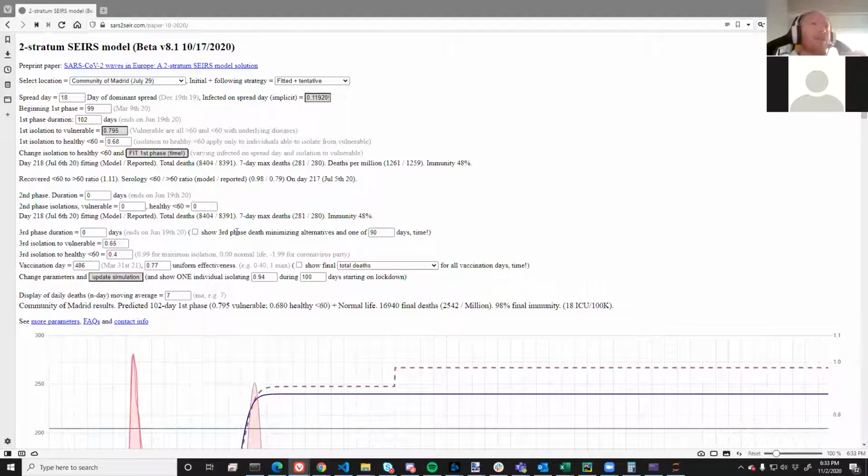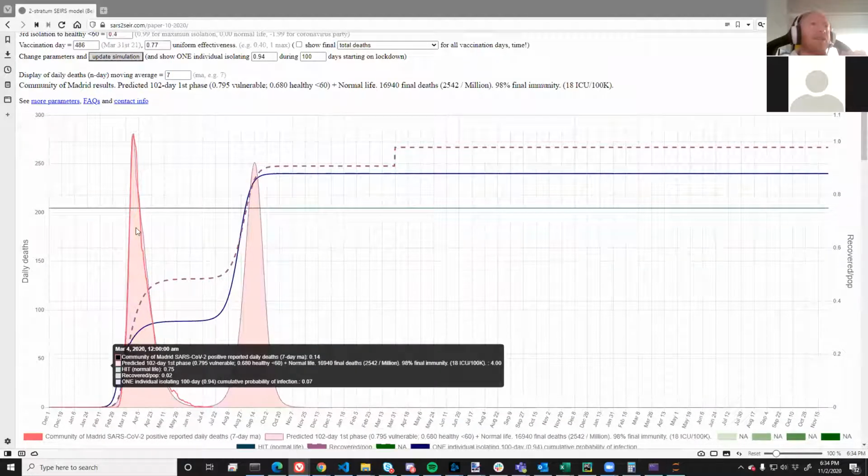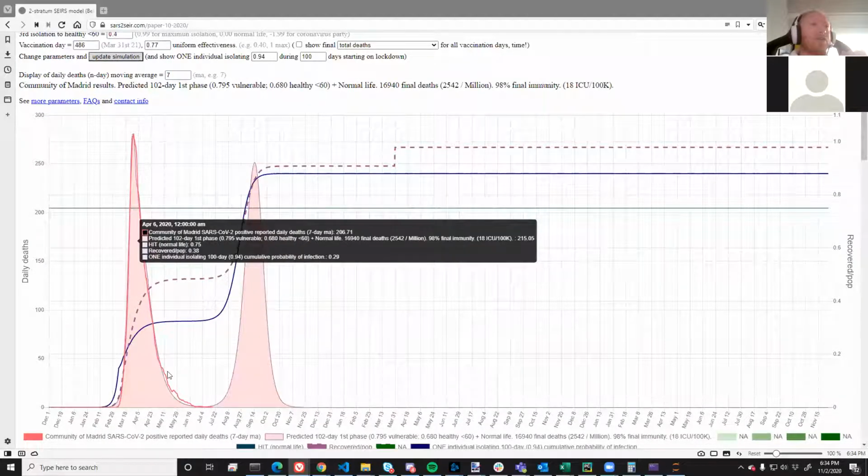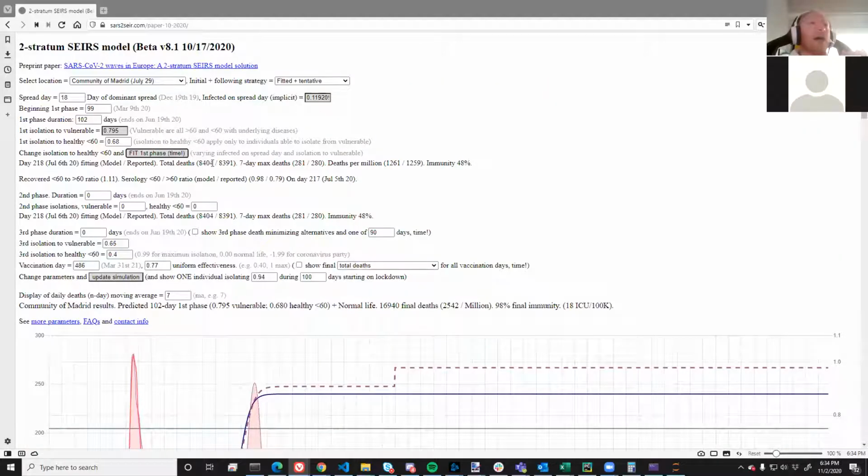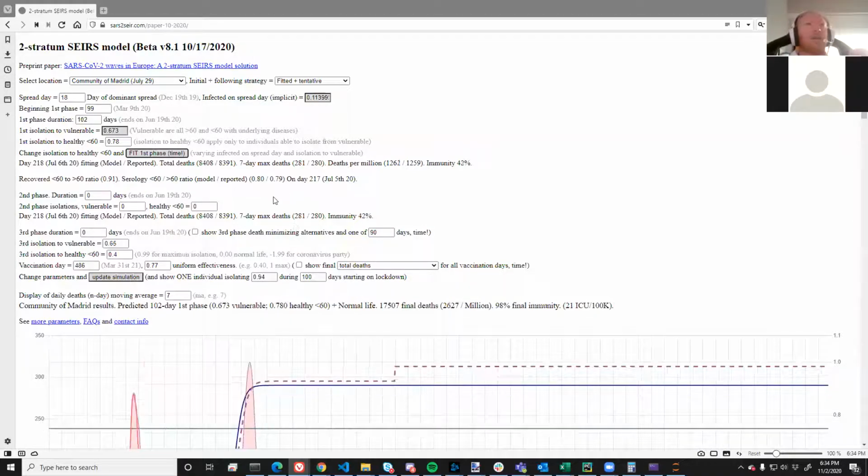And because we refit, now we have a matching curve for the deaths. Now the question is, does our serology ratio match again? No, clearly it doesn't. So we can do the same thing: we are going to go to 78 and retry again. We were very near.